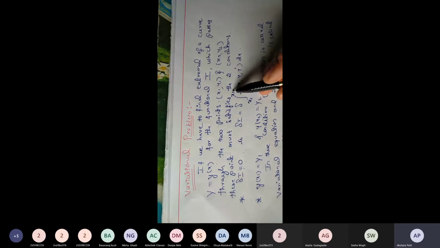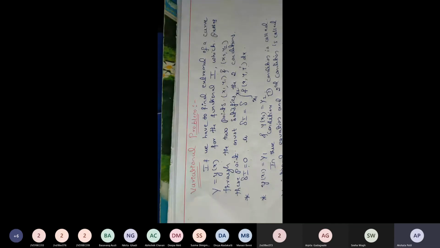So delta I equals delta of the integral over x1 to x2 of f of x comma y dash dx. The second condition is y of x1 equals y1 and y of x2 equals y2. Condition number 1 is called the variational equation and condition number 2 is called the boundary equation. This is the definition of variational problem.